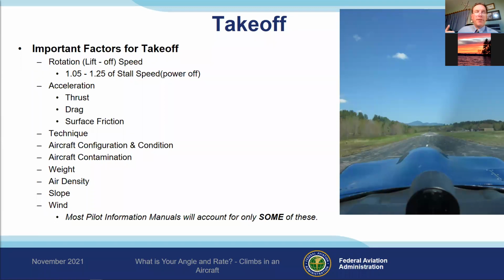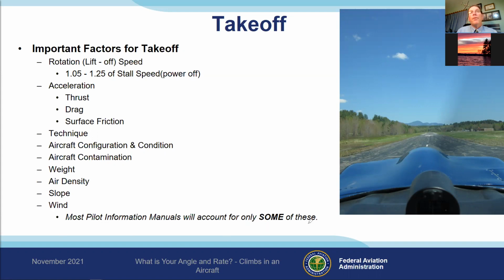Some of you have probably seen, like I've seen occasionally, somebody inadvertently trying to take off in an old Cessna with 40 degrees of flaps, or even a Piper with 40 degrees of flaps or so down, and it doesn't accelerate well. Aircraft contamination: is there standing water on it? Is there frost on the aircraft? Don't want to be taking off with frost, definitely. Same thing with ice. What is the weight? Air density we talked about, slope, wind.